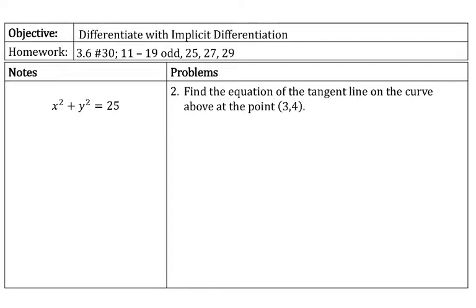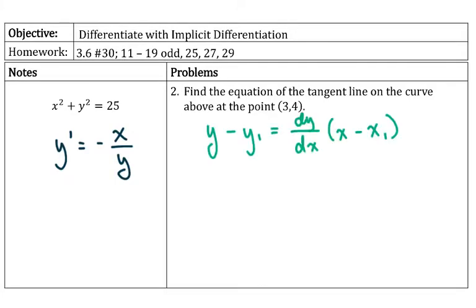So let's look at another example problem. Here, find the equation of the tangent line on the curve above at the point (3, 4). So here's the curve that we just used, and if we remember, y prime is equal to negative x over y. So we're going to be doing the same thing that we would for any other tangent line. We're going to start with our point-slope form, and you'll notice I wrote dy/dx as the slope.